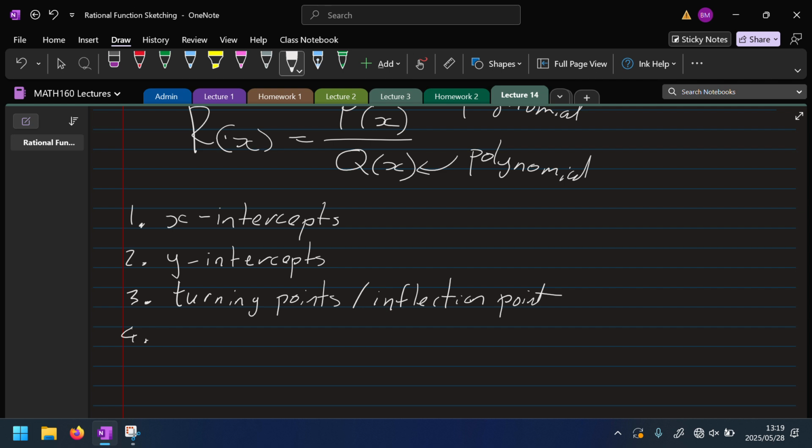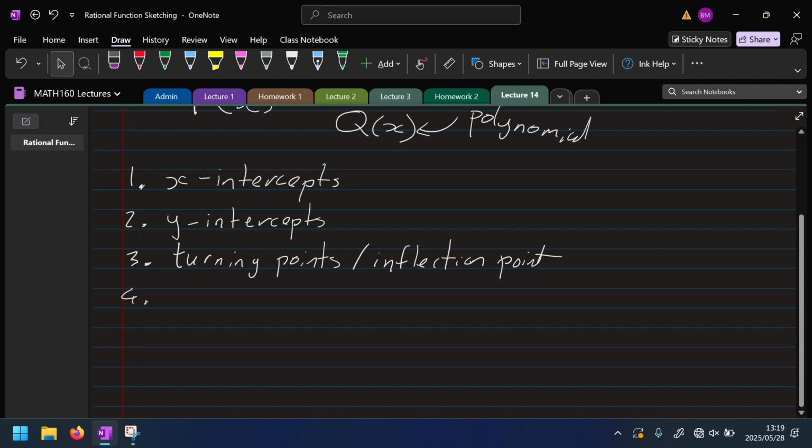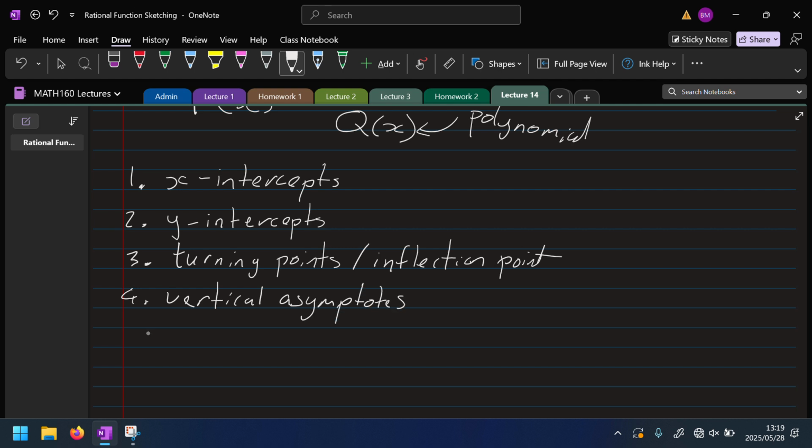In high school, you did the hyperbola with only one vertical asymptote and one horizontal asymptote. Here it's a bit more complicated, but the idea is the same. So we have vertical asymptotes, and the second thing is the horizontal asymptotes.